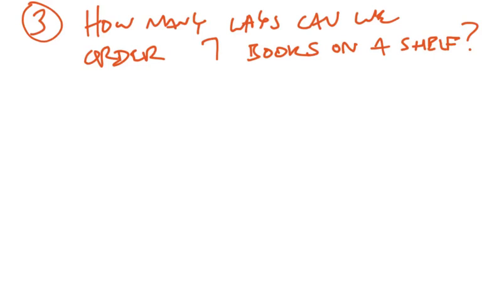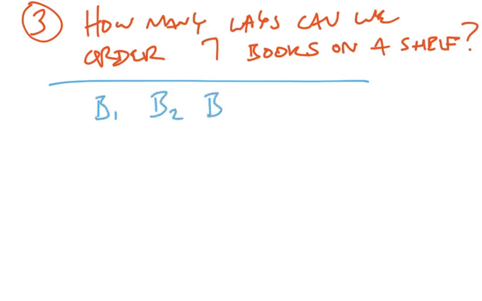Okay, so we have 7 books here. So B1, B2, B3, B4, B5, B6, B7. And so what I've just written down here is one way that we could order all of these 7 books on the shelf, right? Whatever book 1 is, we could put first. Whatever book 2 is, we could put second, and so on and so forth.